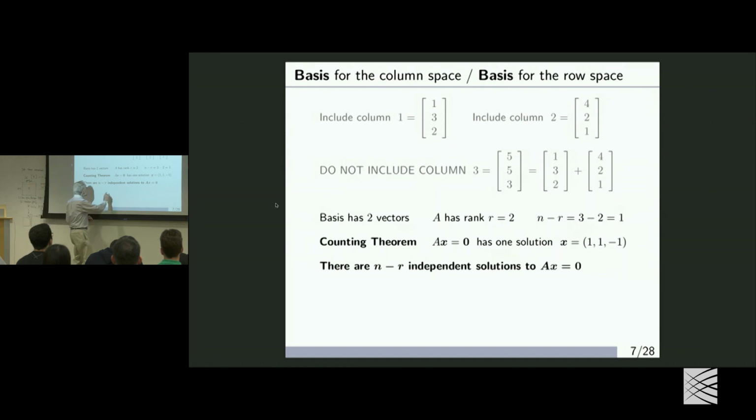But if A has rank R, then this is the count. The counting theorem is that for Ax equals 0, how many solutions does it have? And when I say how many, I mean how many independent solutions. There will be n minus R. R equations are really there. You have n variables, so n minus R is the count.